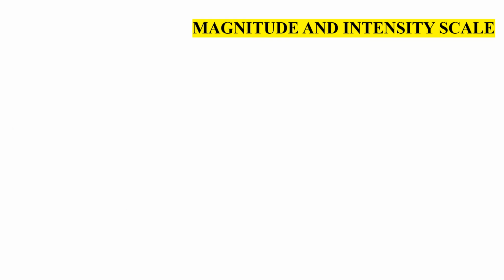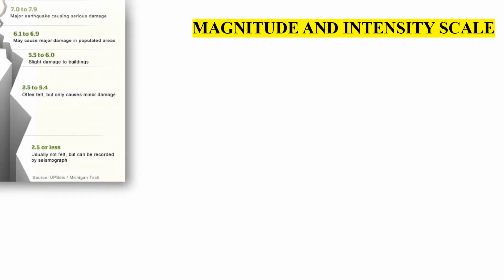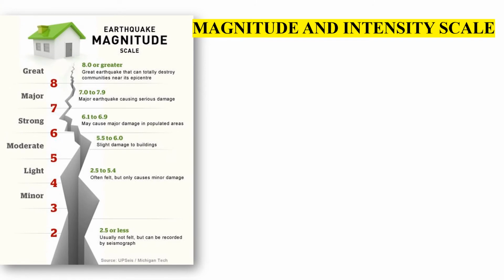We have a magnitude and intensity scale. On the left side, if you experience a magnitude of 1 or 2, it is minor. If you experience 4, it is light, often felt but only causes minor damages.